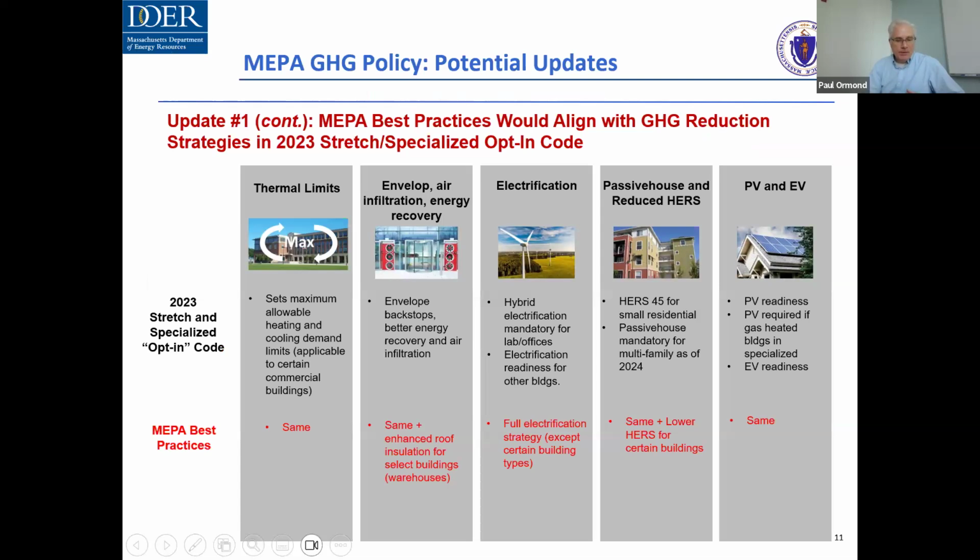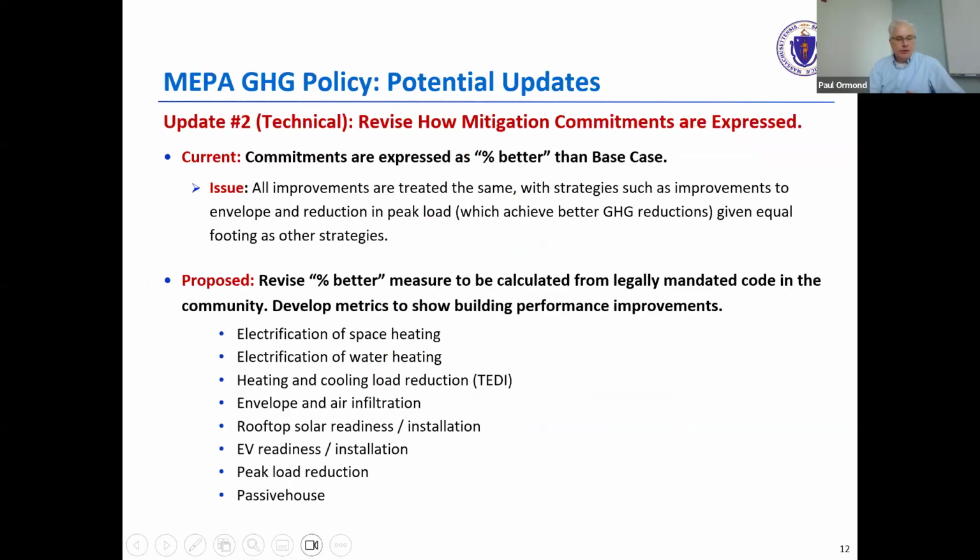You can skip this slide because we'll go over a more detailed version of that. So update number 2 is that we would propose to revise how mitigation commitments are expressed. The way that we did this, 14 years ago or so, is that the commitment for GHG reduction was expressed as a % GHG reduction from a base case, which was tied to building code.